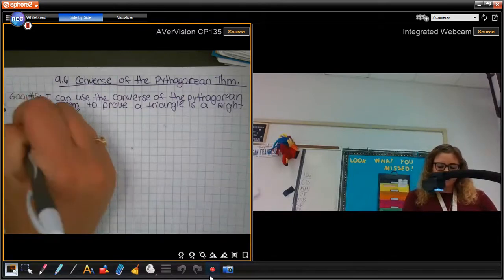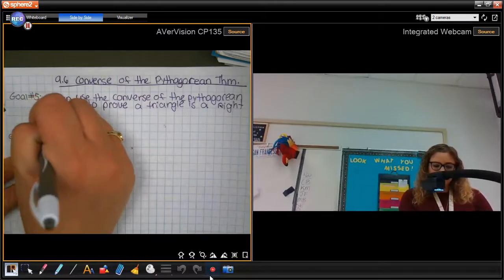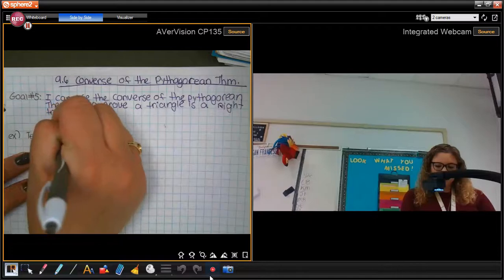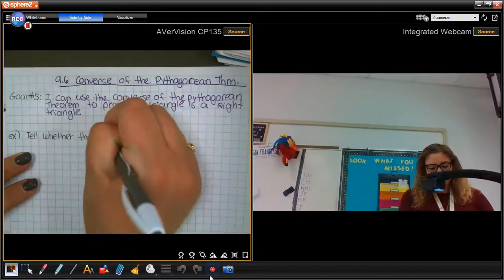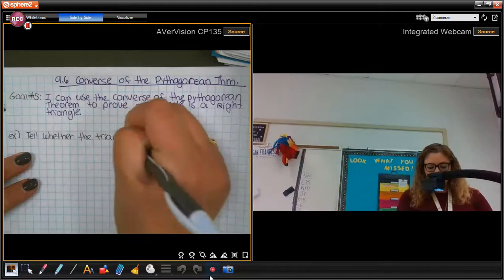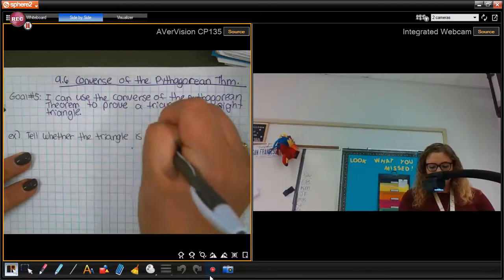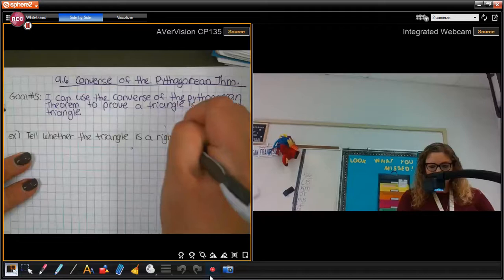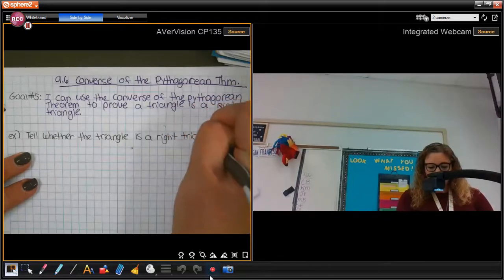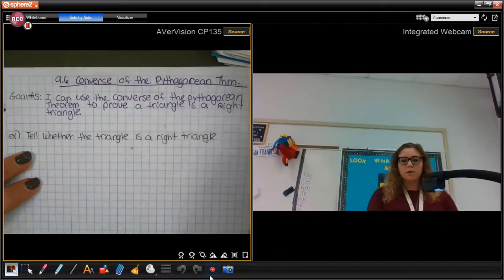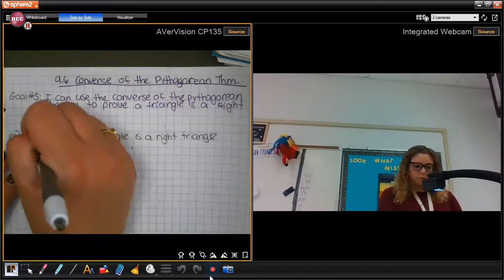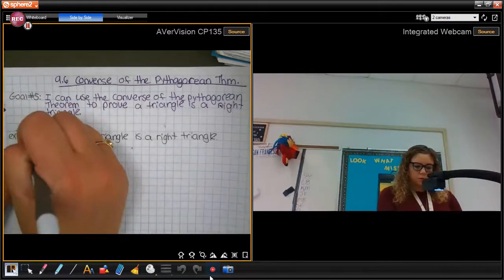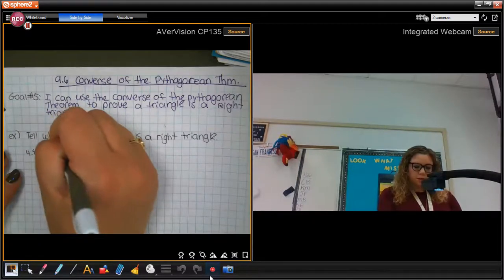Example 1. Tell whether the triangle is a right triangle. So they give me this triangle, and they want me to prove that this is a right triangle.